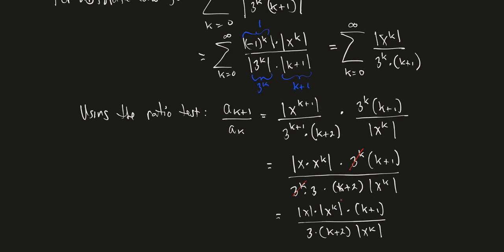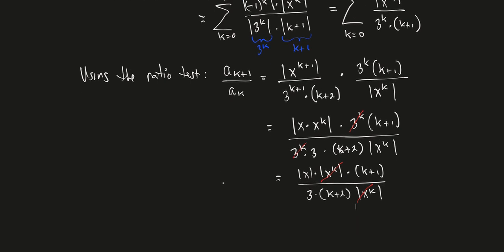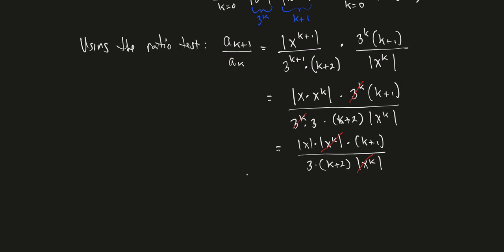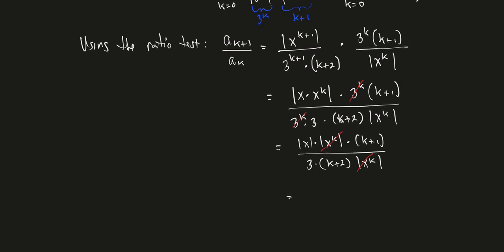We got a common factor here, common factor here. Things are looking good. Now, as far as reducing this further, I think we've pretty much hit our limit. No pun intended. So what we have is the absolute value of x times the quantity k plus 1 over 3 times the quantity k plus 2.